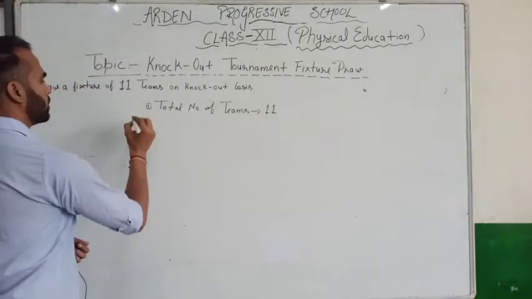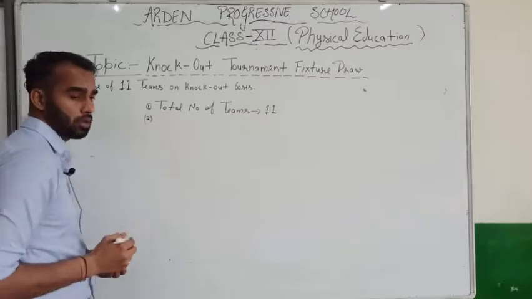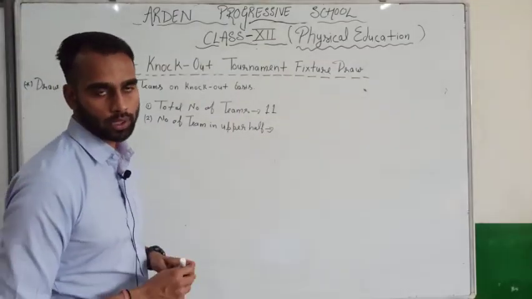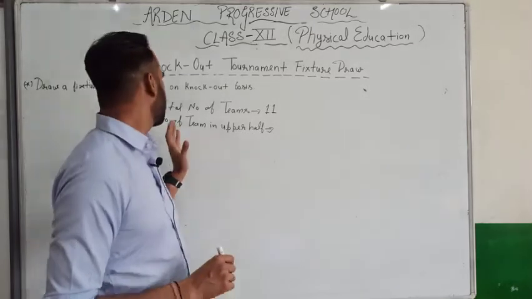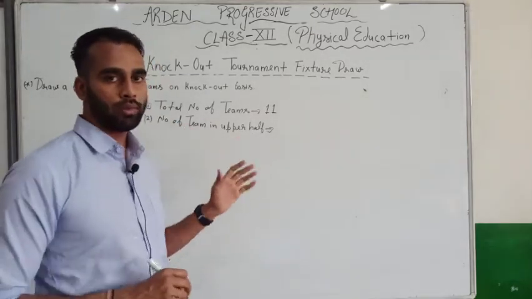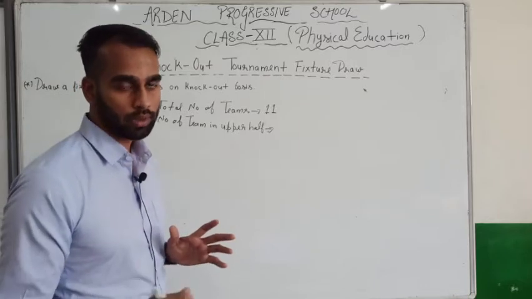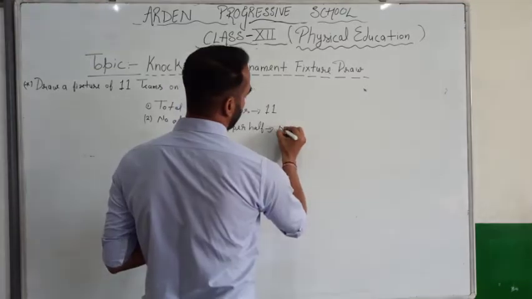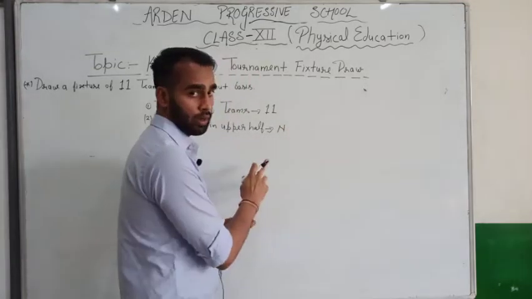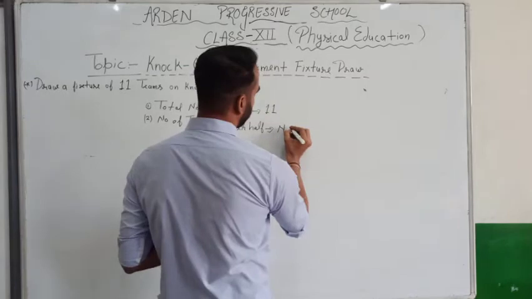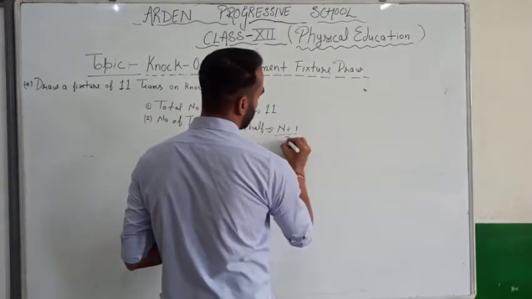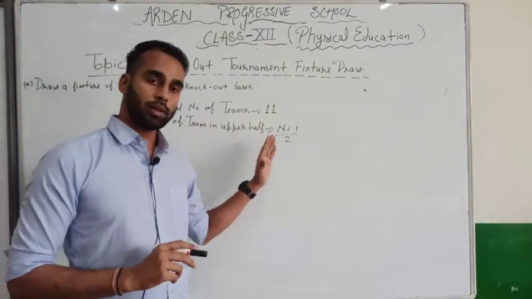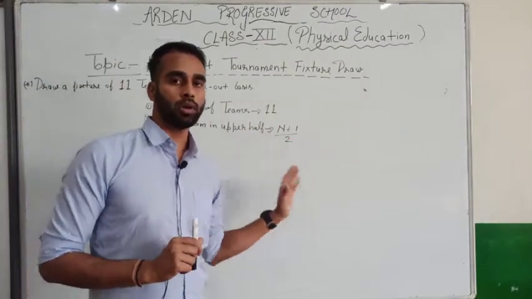Okay class. So the second point is the number of teams in the upper half. Okay, to calculate the number of teams in the upper half we use a formula. So the formula is (N+1)/2.